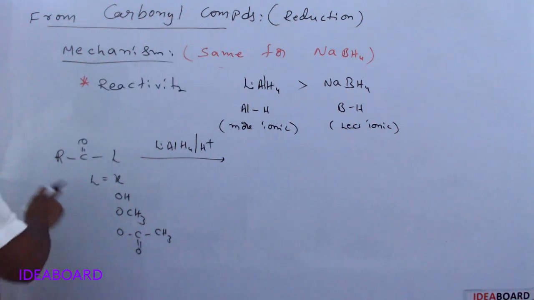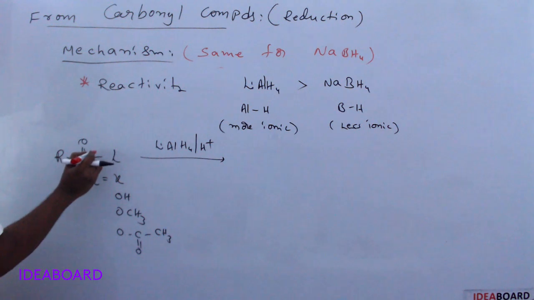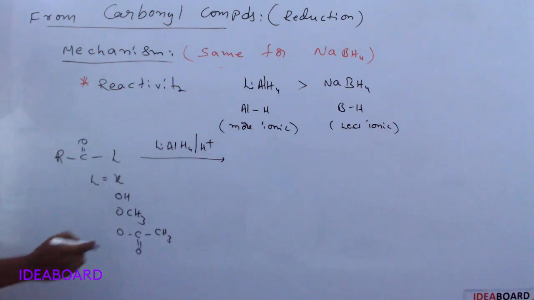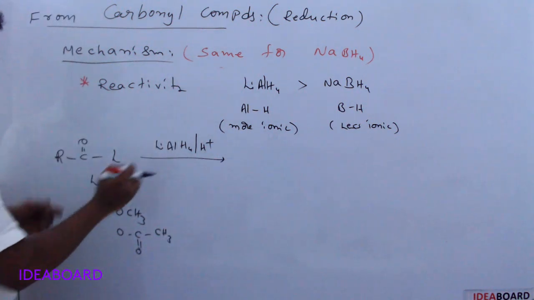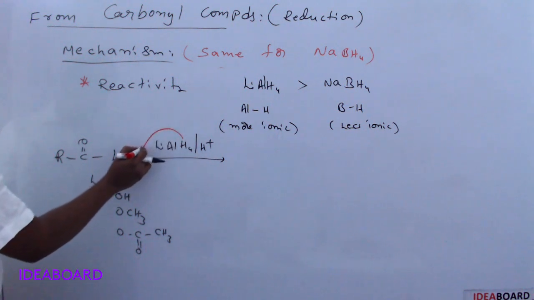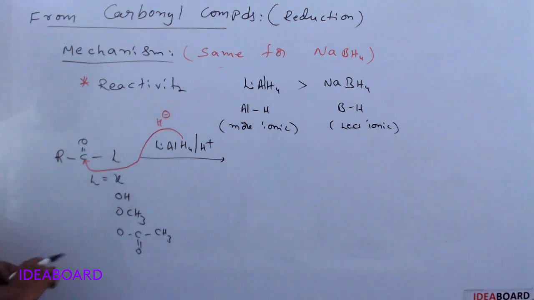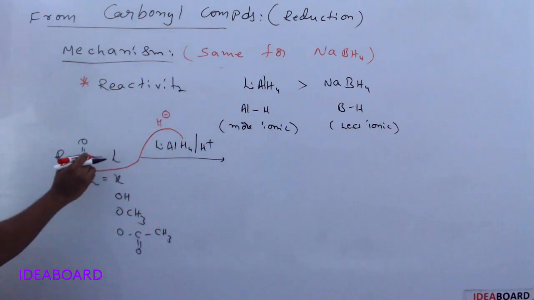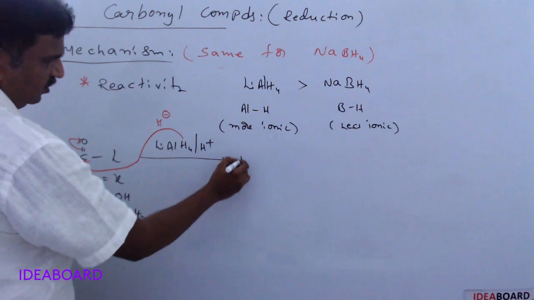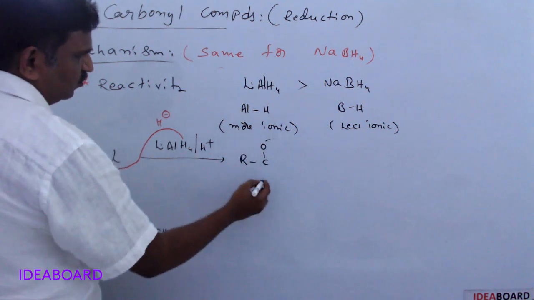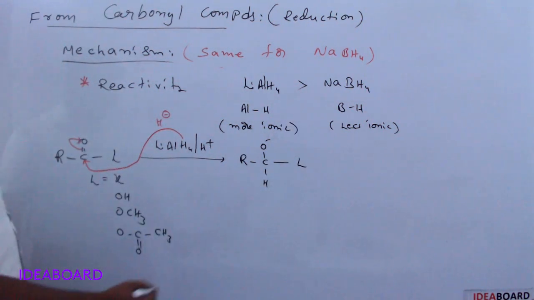Here the same process occurs again. I will give the mechanism. First the reagent releases H minus, and this H minus attacks this carbon atom. The pair of electrons shifts onto the oxygen, so what is formed first is RCO minus with an H and the leaving group present.